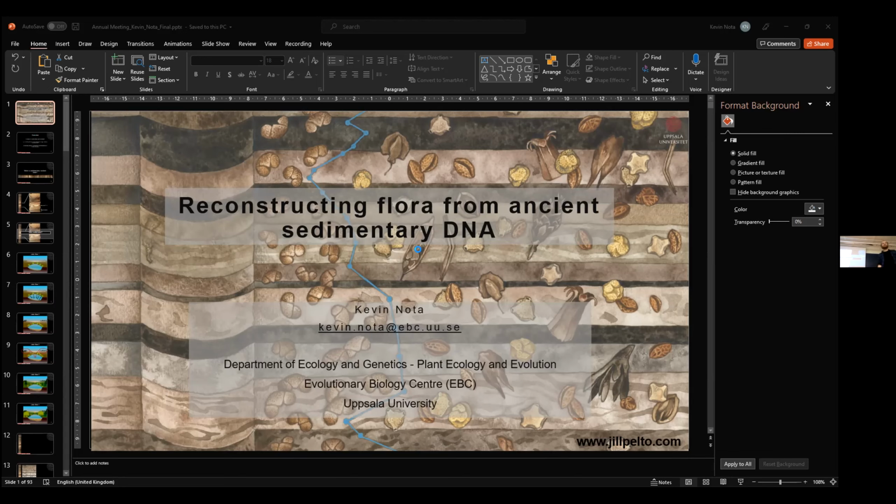So why are we looking at sediments? Because we are interested in the past, and sediments are annually deposited. So if you imagine this lake, you have sediments in the bottom, and over time, things coming from the catchment end up in the lake, and they deposit their material on top of the previous layer, and so you get the annual increase in sediment.